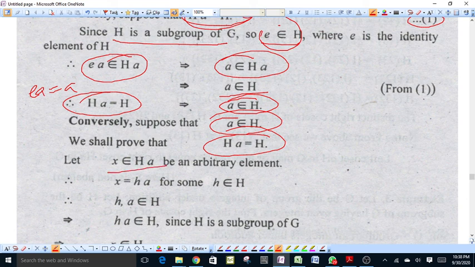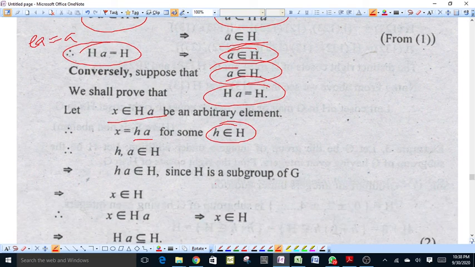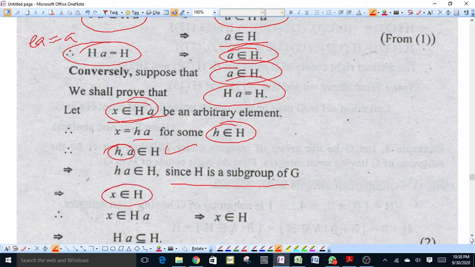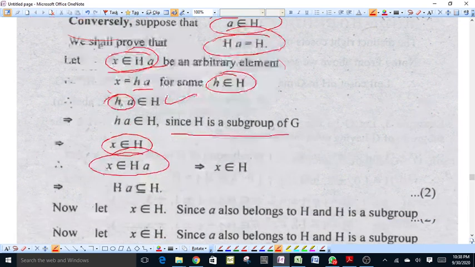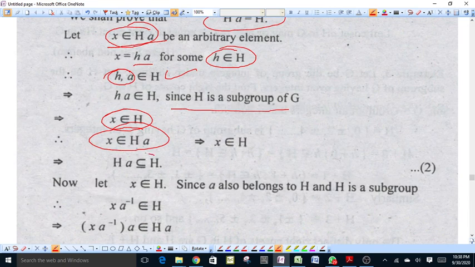That implies this x will be of the type ha, where small h belongs to capital H. Because H is a subgroup of G, this means x belongs to H. This means Ha is a subset of H.